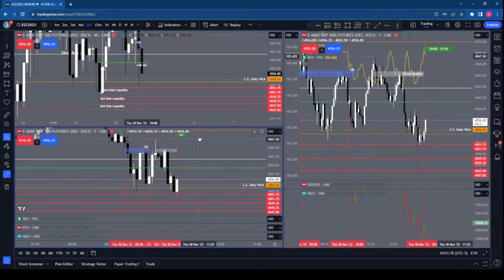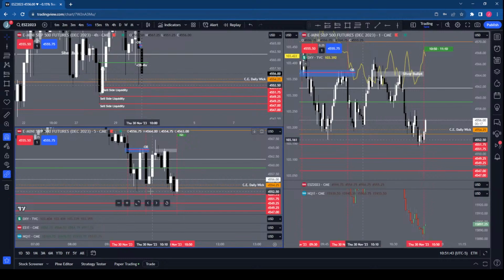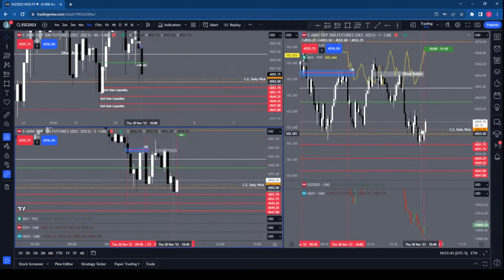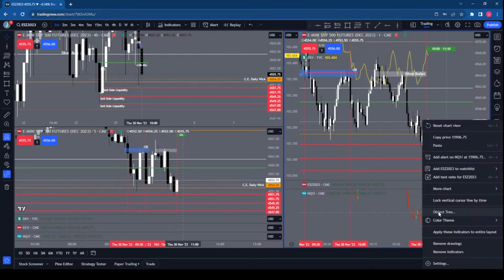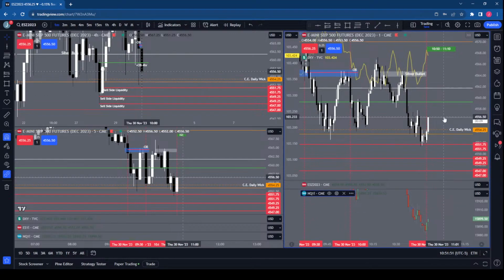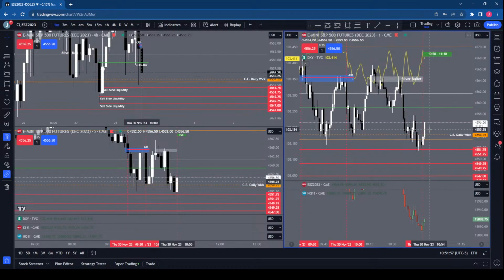But even here, look, we closed the candle body below these lows, and now we're kind of coming back up. Let's see if it wants to go to the upside now, because we just took sell side.